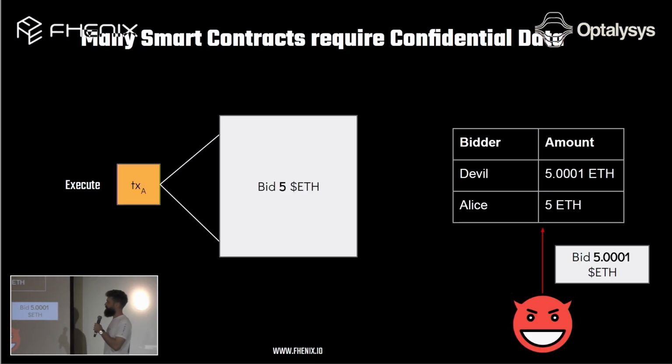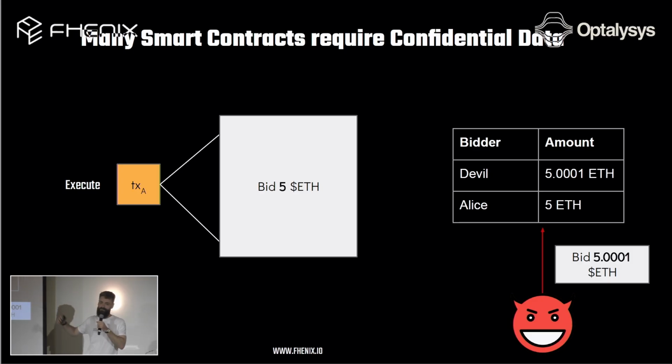Another example, and again, it's maybe not the best example, but it's very simple and easy for people to resonate with. Let's say we have an auction on an NFT or whatever, and we have Alice here again. She bids 5 ETH on this NFT, and then this evil actor, again harassing Alice, at the very last second puts a bid just a bit on top of her bid, because it's plain text.